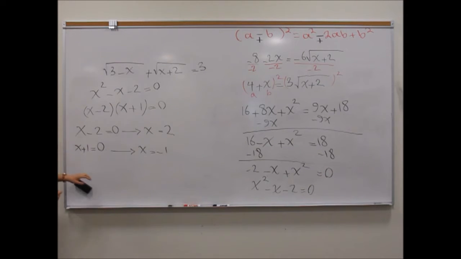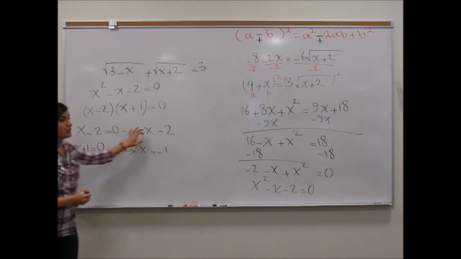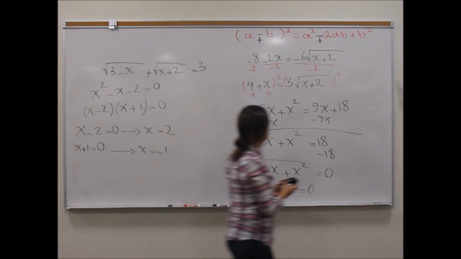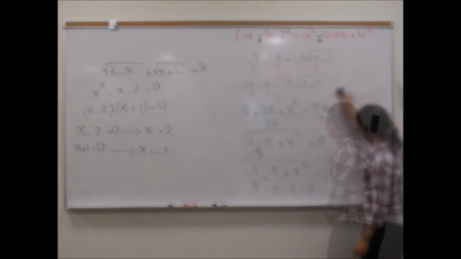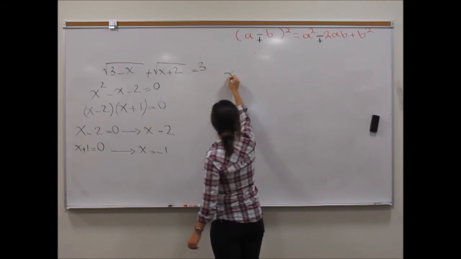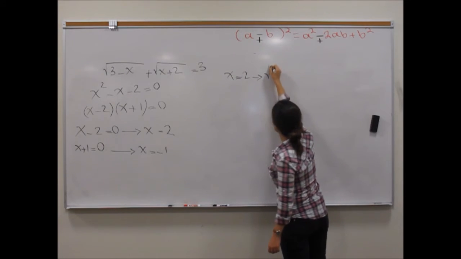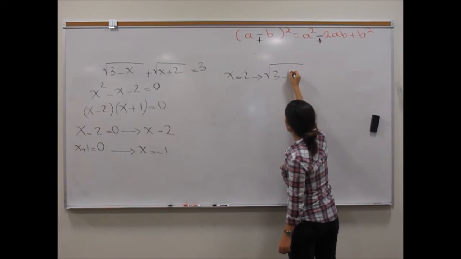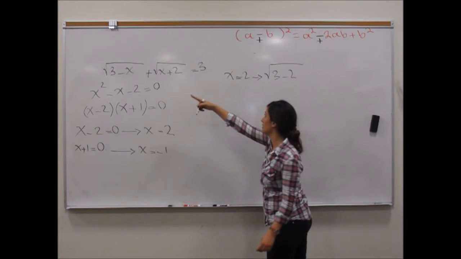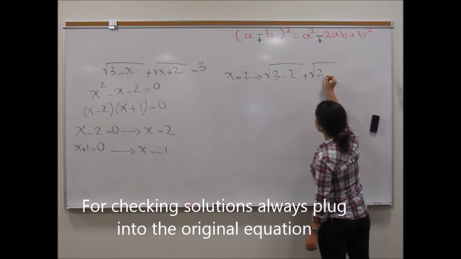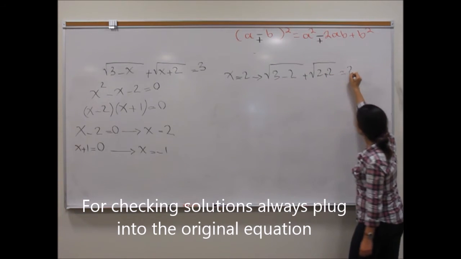Now I have to check to see if both of these answers would work. I'm going to erase this side now. When x is equal to 2, I would have radical 3 minus 2 plus radical 2 plus 2 equal 3 in the original equation.